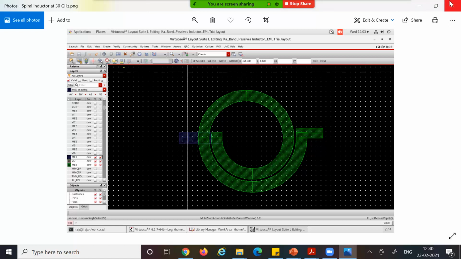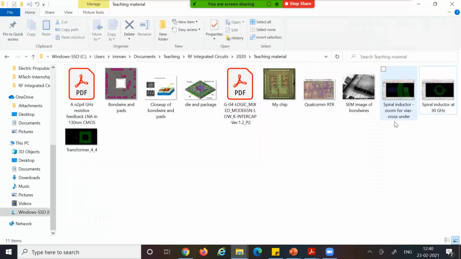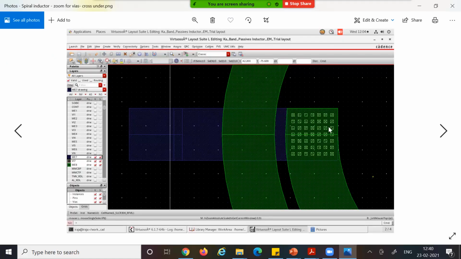So this is a 1.5 turn inductor. This is the zoomed in version. All the small squares that you see here are all VIAs. He has put, I think, 7 cross 7, 49 VIAs, and then taken it down to metal 7 and then used it.